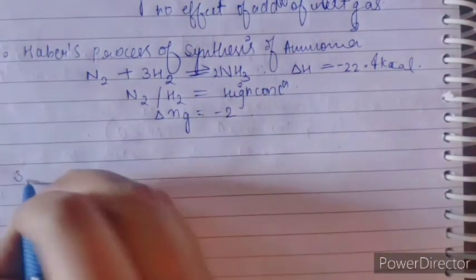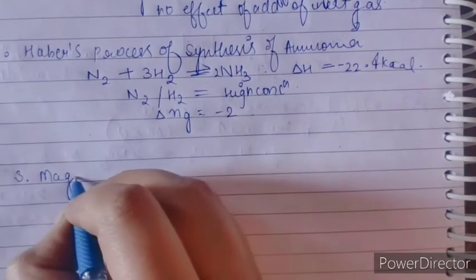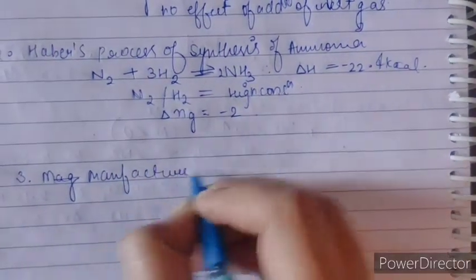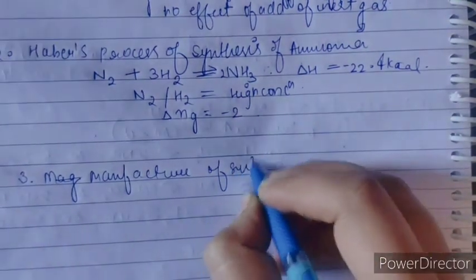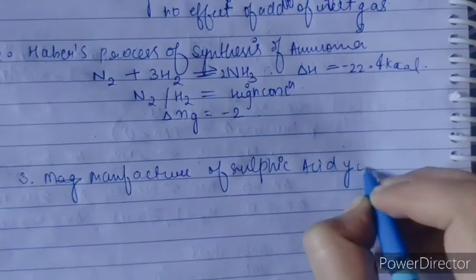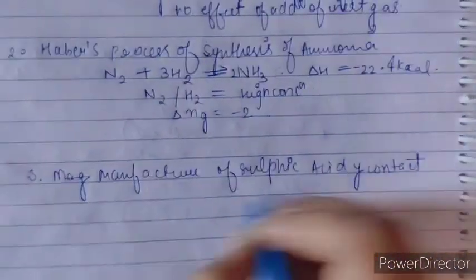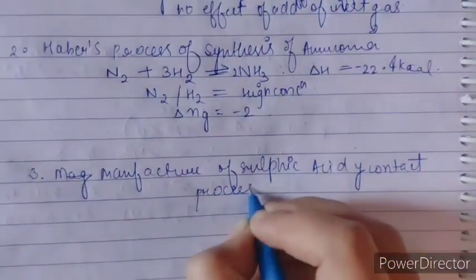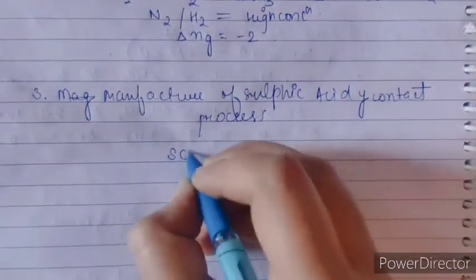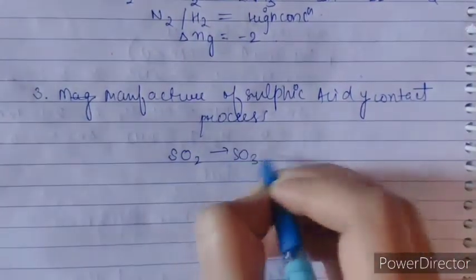The third application is the manufacture of sulfuric acid by contact process. The first step of the process is the conversion of SO2 into SO3.